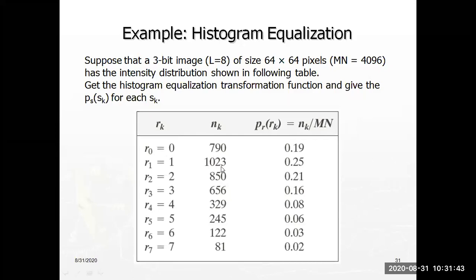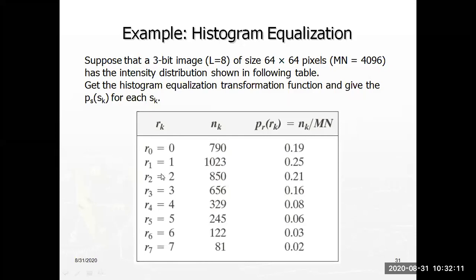Similarly, 1023 pixel values have the R1 scale value. Similarly, 850 pixel values have R2. So for the corresponding pixel values, my probability is: 790 pixels repeats with probability 0.19, 1023 pixel values repeats with 0.25. These are the corresponding probabilities.